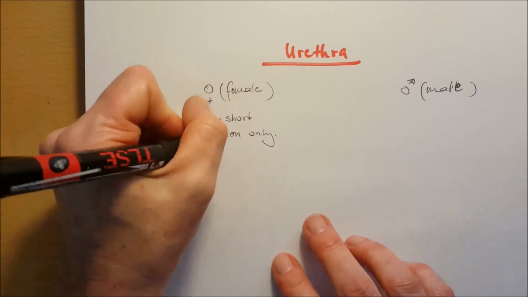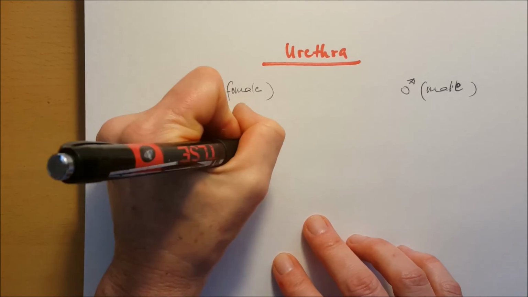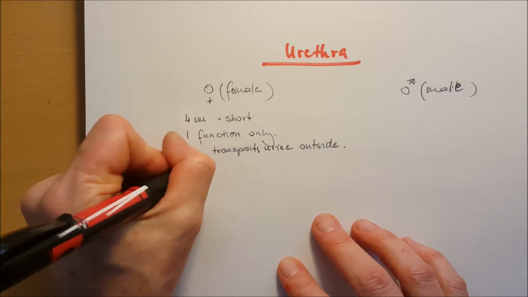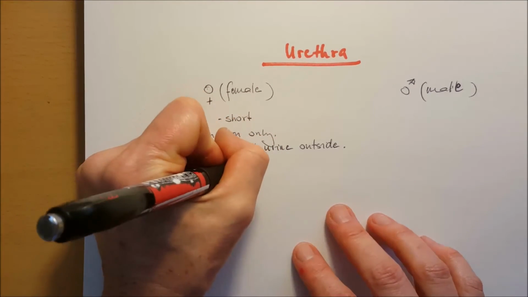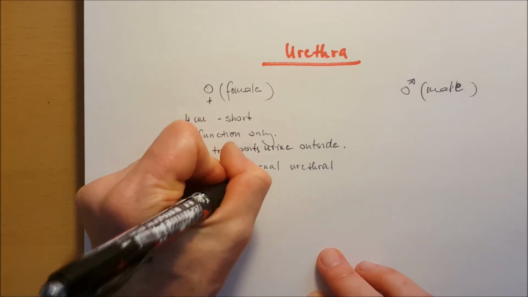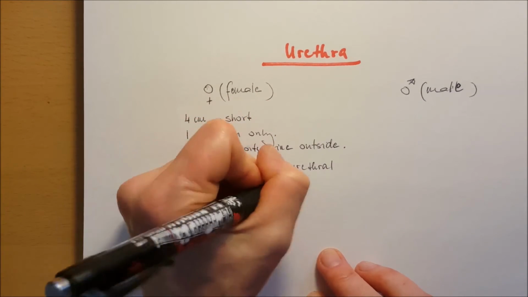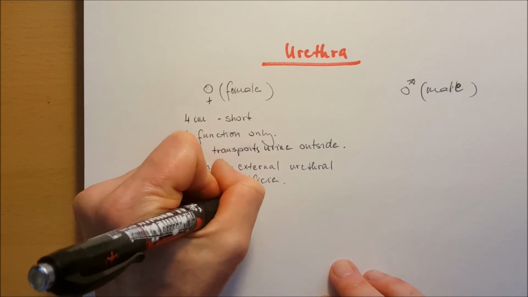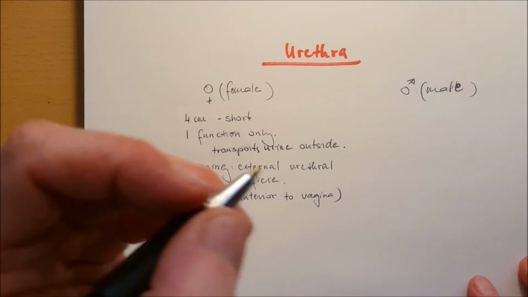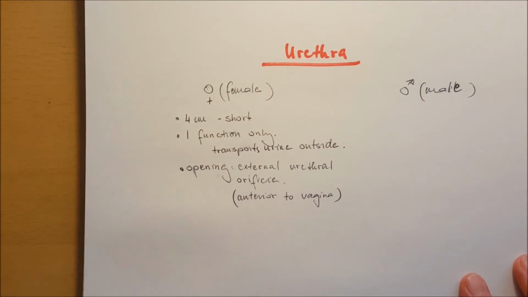It has one function only, that is to transport urine to the outside of the body. The opening that leads the urine outside is the external urethral orifice, and this is located anterior to the vagina.